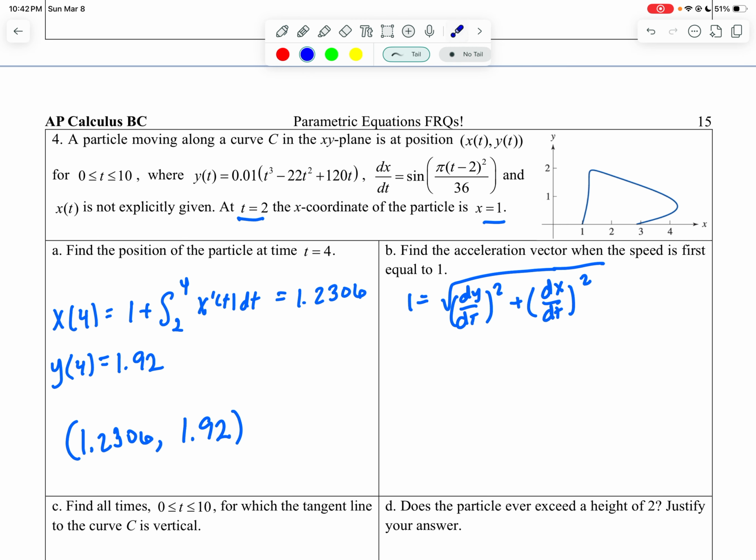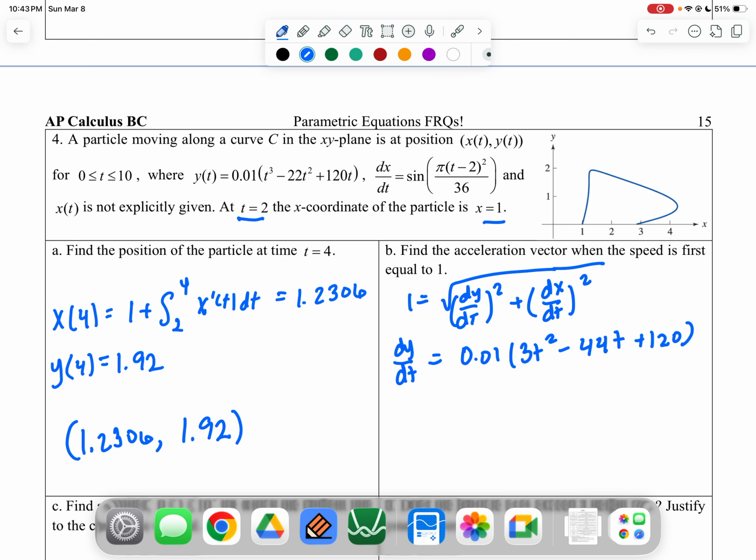Because we have dy/dt in our problem, we probably need to define it somewhere on part B just so that we have it. And it's not that hard because it's just you taking the derivative of this, right?